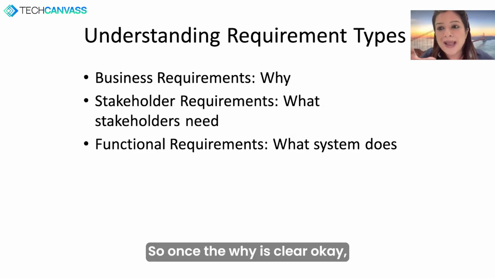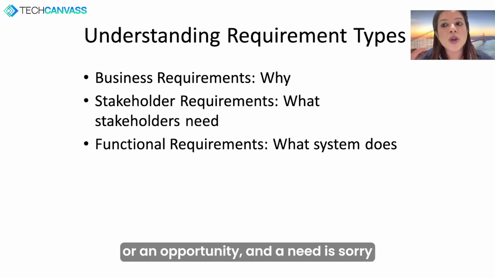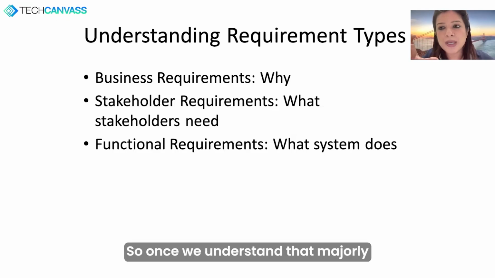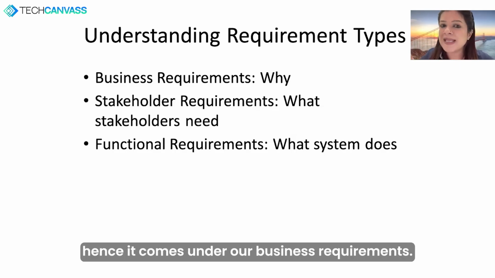So once the why is clear, we understood whether it's a need or an opportunity, where we understand whether it's a problem or an opportunity. Once we understand that potential customers are facing a problem, it comes under our business requirements.